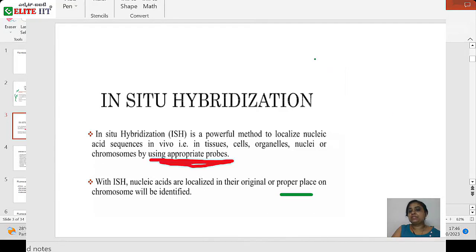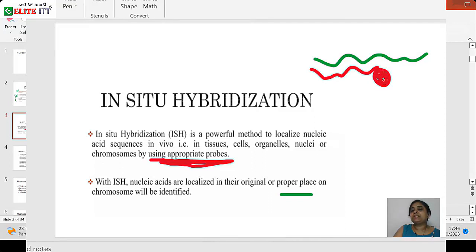Suppose this is the DNA sequence present in the cell, and you want to localize whether this sequence is present or not. In order to do that, you have to use one probe. That probe may be single stranded DNA or single stranded RNA, a short chain. With this short chain DNA or RNA, generally one fluorescent compound is attached.